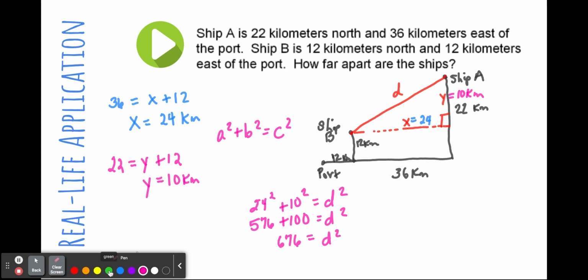And we will be taking the square root of both sides in order to get that d is equal to 26 kilometers. So our distance between the two ships is 26 kilometers. And we found that out by applying the Pythagorean theorem. But of course we had to draw it out first. So use that information that we took from the word problem in order to do that.